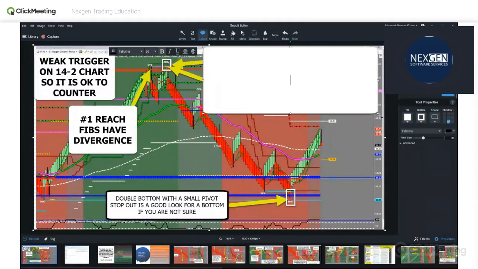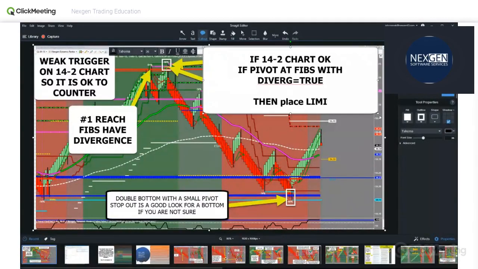So your entry, literally look, if 14-2 chart, okay, if pivot at fibs with divergence equals true, then place limit at magenta line.